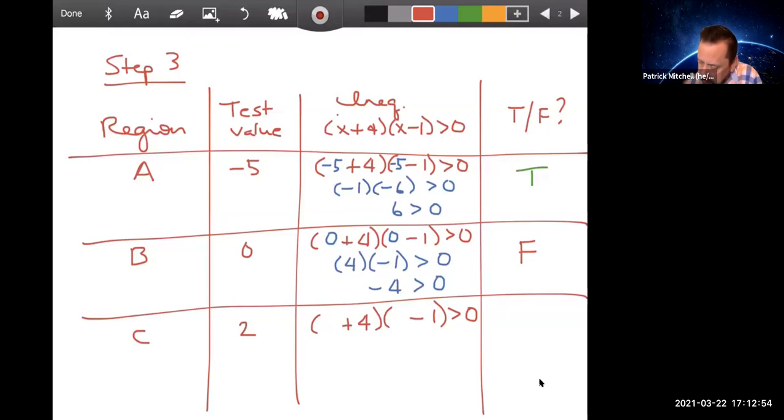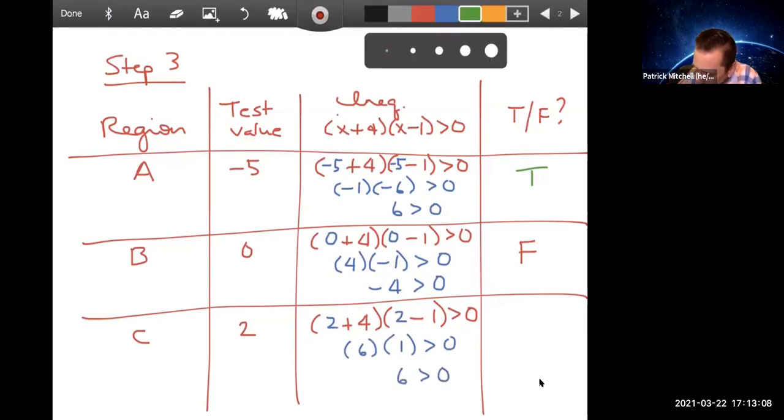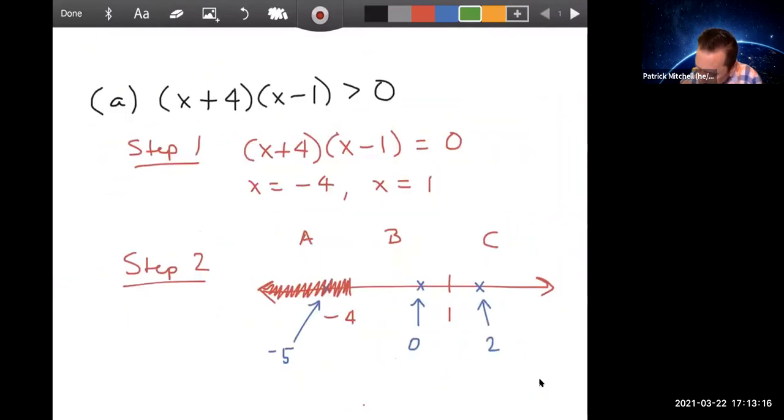And then going on to region C, if I put 2 in here, that gives me 6 times 1 is greater than 0. 6 times 1 is 6. 6 is greater than 0 is still true. So that means all of region C is part of my solution set. So let's go ahead and color that in.